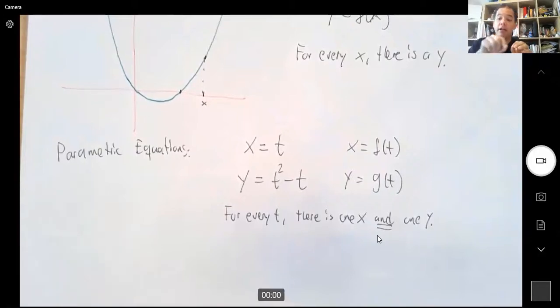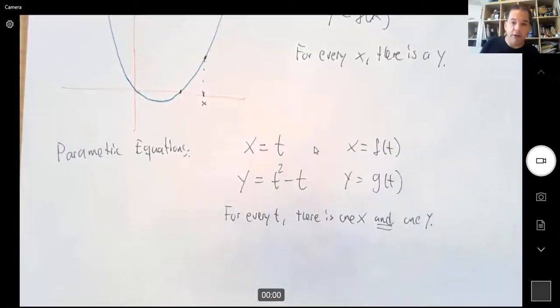You know where it is at a particular time. That's kind of nice because I like to think of it as the difference between having a static picture of something that is just fixed, and a movie. In a movie, you get to see what happens as time goes by, so we get to see the evolution of whatever my curve is doing.